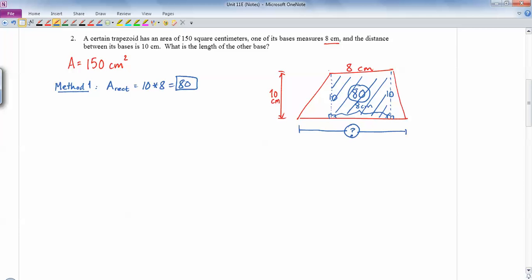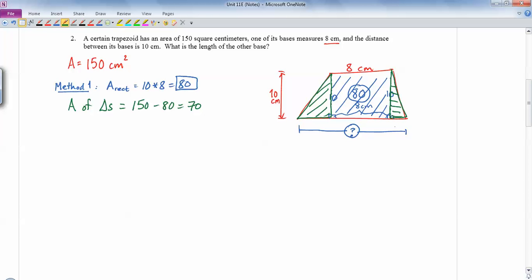So the leftover area, this area plus this area, the two green triangles, has to be 150 minus 80, which is 70. So there's 70 square centimeters left over for the two green triangles.